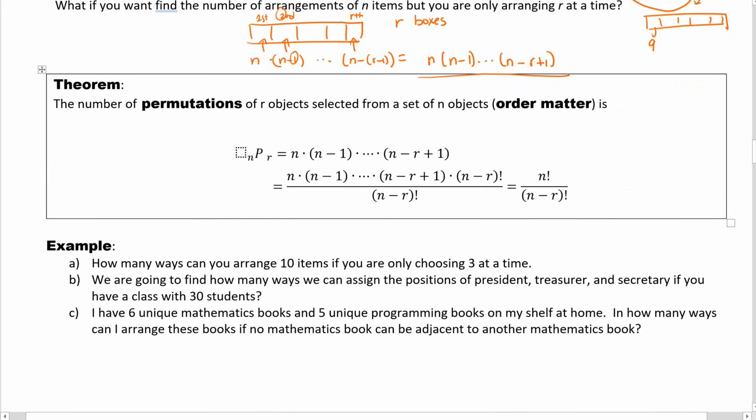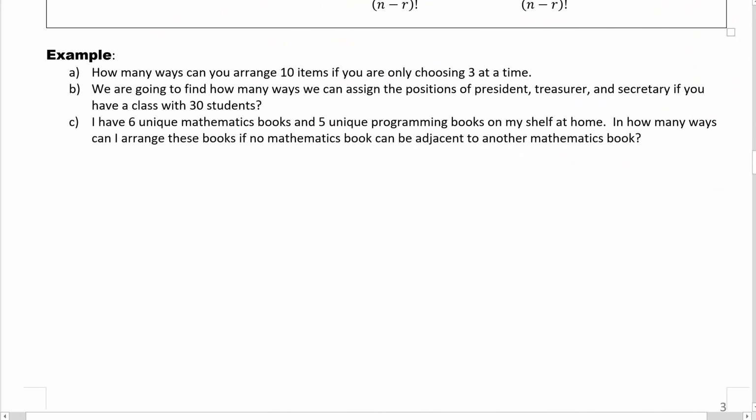Let's look at some examples. Part A. How many ways can you arrange 10 items if you are only choosing 3 at a time? For the first item, we have 10 choices. Second item, 9 choices. The third item, 8 choices.